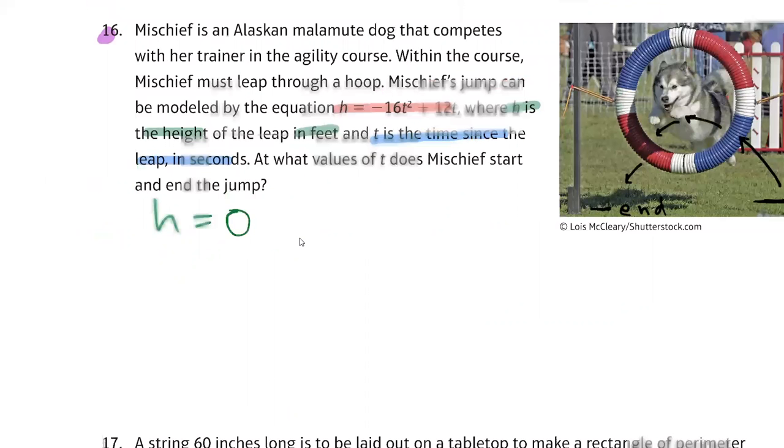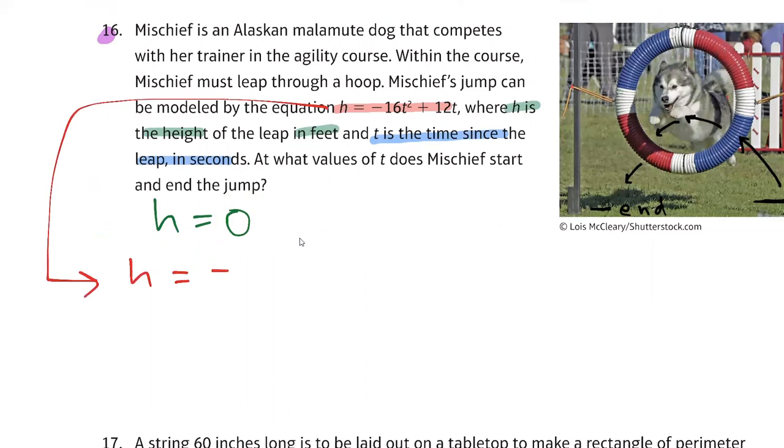So basically, this is what we can do. We can take this equation, which I have in red. The height of Mischief is the effective gravity, negative 16 feet per second squared, times t, which is time in seconds, squared, plus 12t. And again, we are finding out where height is 0, so we're going to sub in 0 for h. Sweet. Let me adjust this up so I have a little more room to work with.